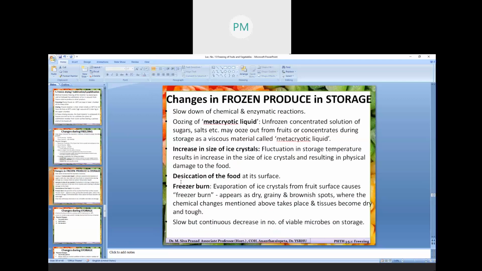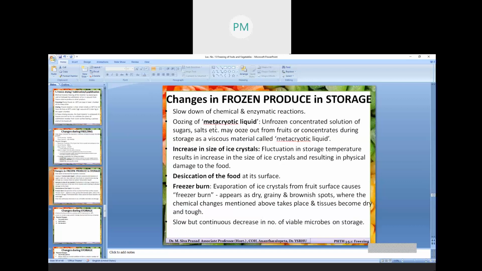So here we can see certain aspects in a frozen product. What are the different changes you observe when a produce is being frozen? One, we have seen slowdown of chemical and enzymatic reactions; they continue to occur at a slow pace in frozen produce.